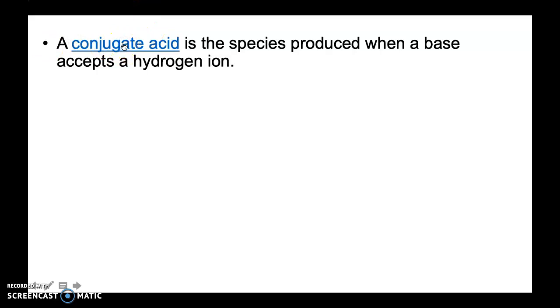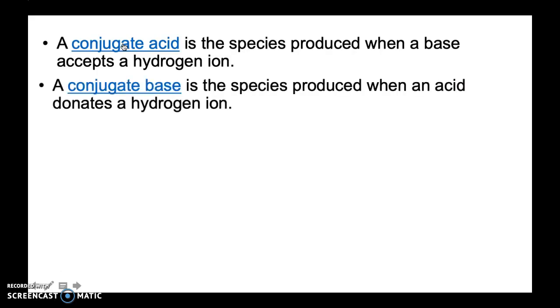Conjugate acid. The species produced when a base accepts a hydrogen ion from an acid. I'll give you an example in a little bit. Conjugate base. The species produced when an acid donates a hydrogen ion to a base. So the one that donates is the conjugate.